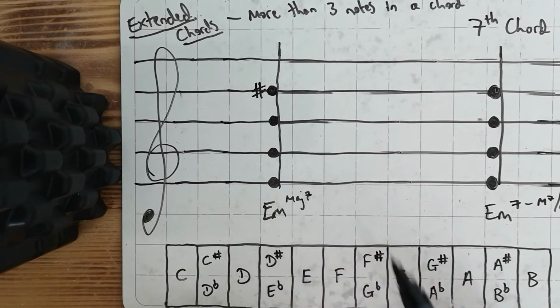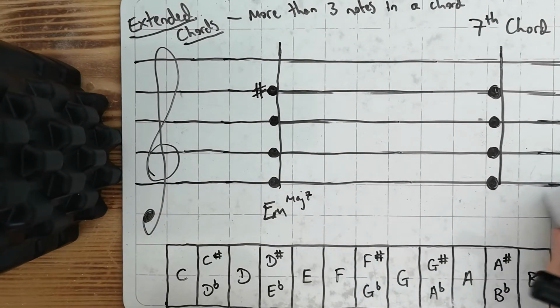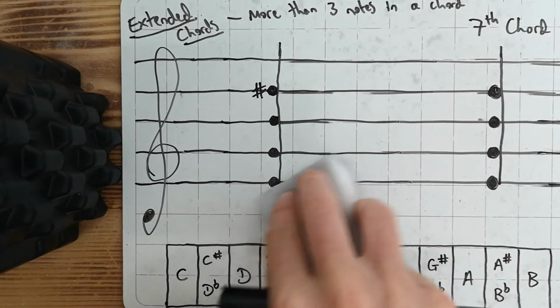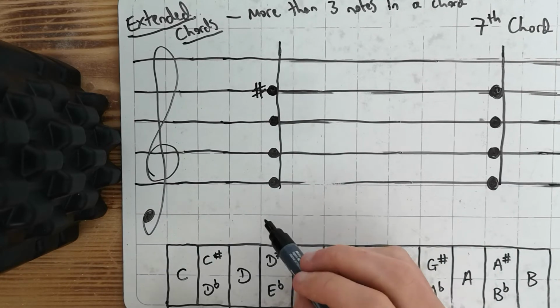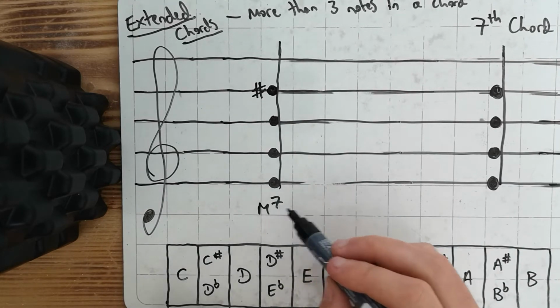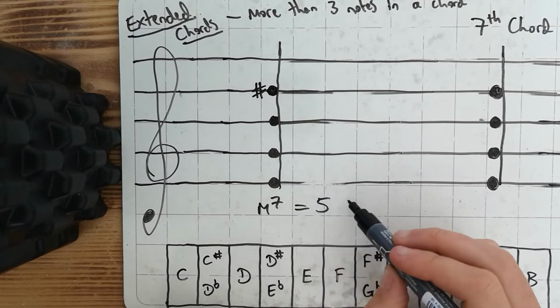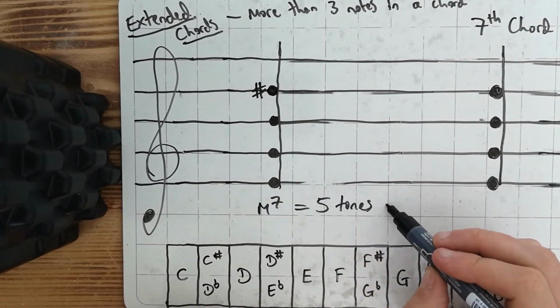So a dominant 7th or a minor 7th is 5 tones away from the root note.